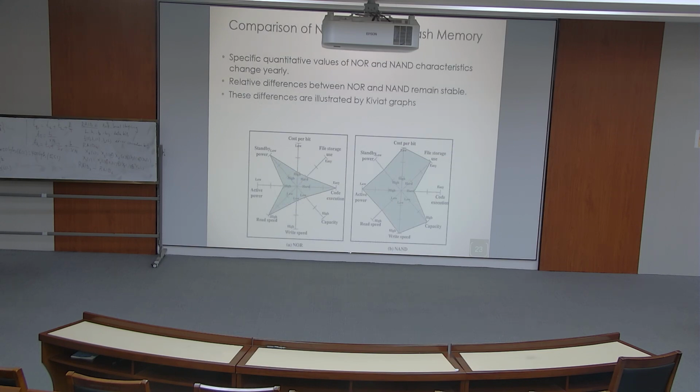Now, here we have two pictures to help us understand the main differences between these two flash memories. You can see easily that these are the quantitative values, and they need to be changed every year. Now, you can see that we have a different write speed for NAND and NOR memory, and also the cost per bit is different.